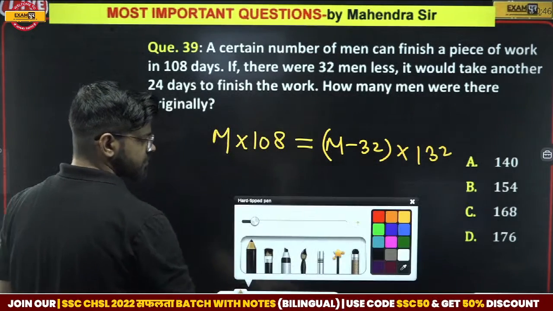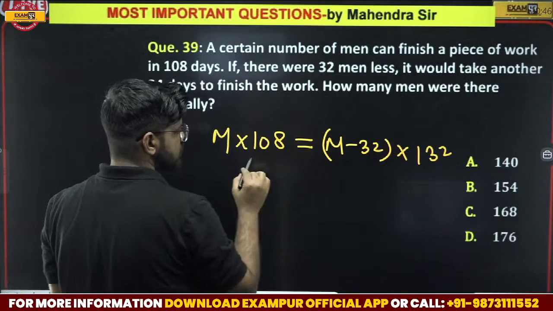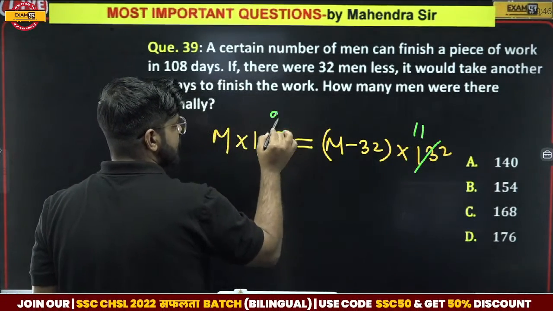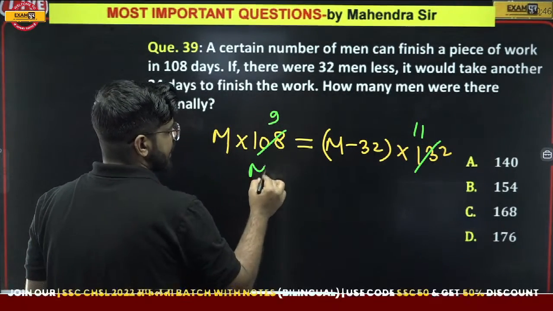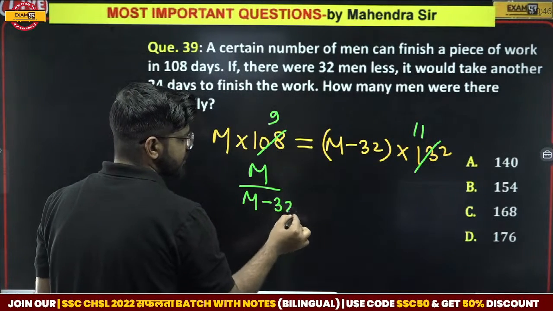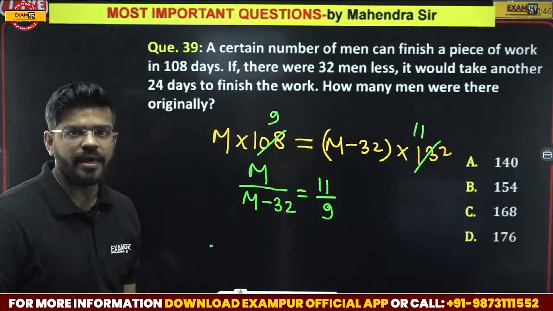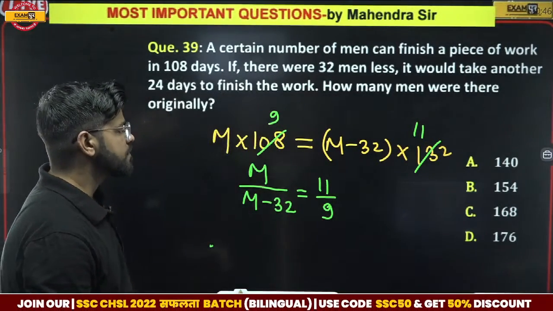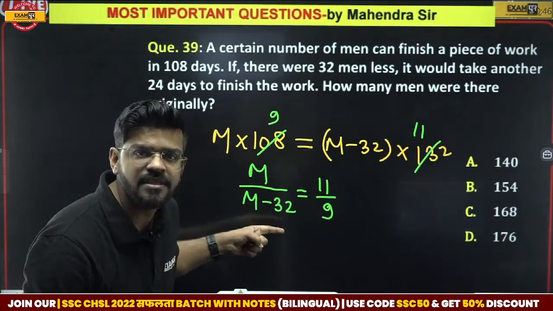Solve it now. So 12 times 11 is 132, and 12 times 9 is 108. If we take the ratio, M upon M minus 32 is equal to 11 by 9. Now tell me one thing: what is the difference between M and M minus 32?